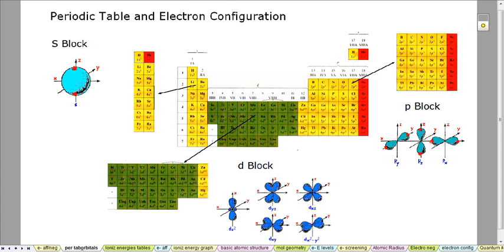It's based around the actual orbitals that electrons exist in, but the whole design of the periodic table seems to fit this form. Now we've got a block of elements here. These are alkali metals, alkaline earth metals. We have a block of elements here, and of course we have this other block here.